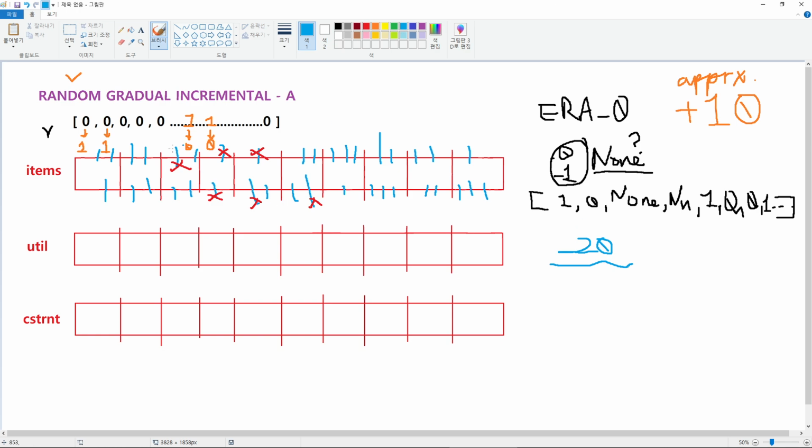So it's random because I chose, it's gradual because the changes are gradual, it's incremental because I made sure that the number of genes increased per era. The only word that's missing, that is inclusive, was left out of this. Oops. Was left out.